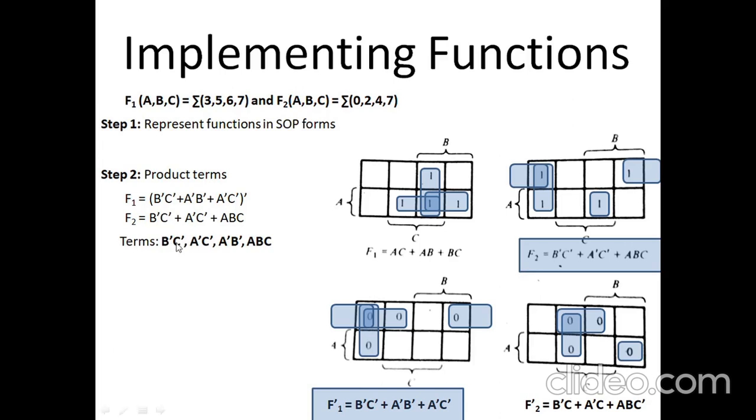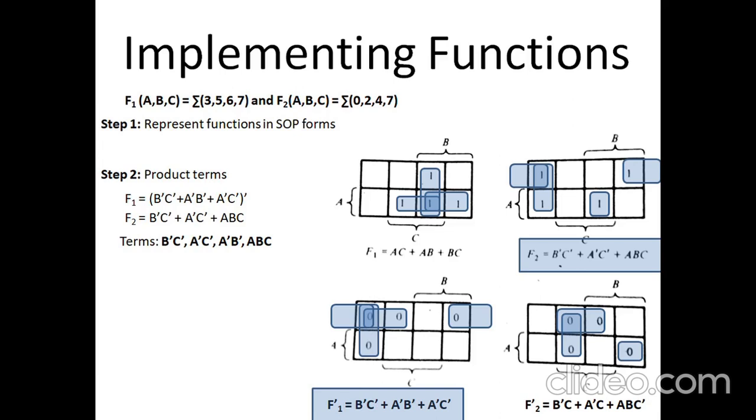B prime C prime is part of both functions. We just write it once. A prime C prime is also part of both functions, so we write it just once. A prime B prime, and ABC. So we got a set of 4 product terms.